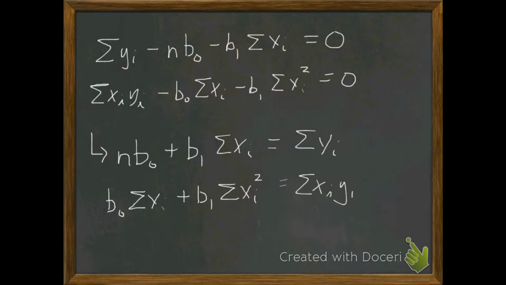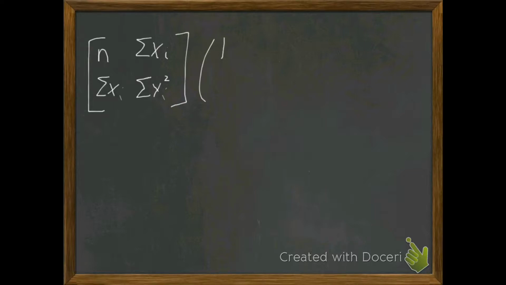Now what we can do is take this and implement matrices. And what we know about multiplying matrices by now, we should be able to see that we can take some xi, some xi, some xi squared times beta 0, beta 1.